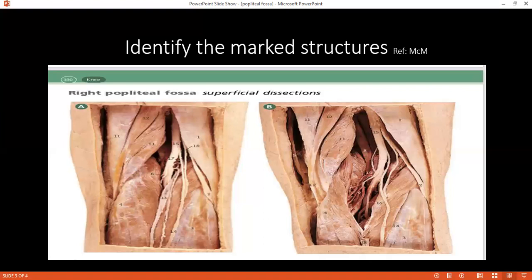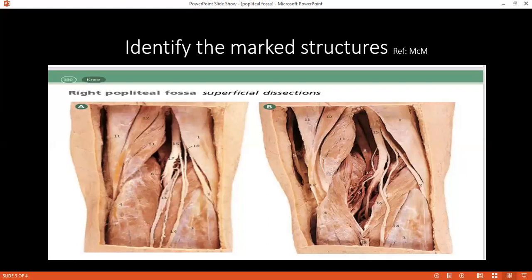What is their nerve supply? The long head by the tibial nerve and the short head by the common peroneal nerve. What is the nerve supply of semitendinosus and semimembranosus? Tibial nerve. Good. Tibial nerve is a branch of which nerve? It is a branch of the sciatic nerve.